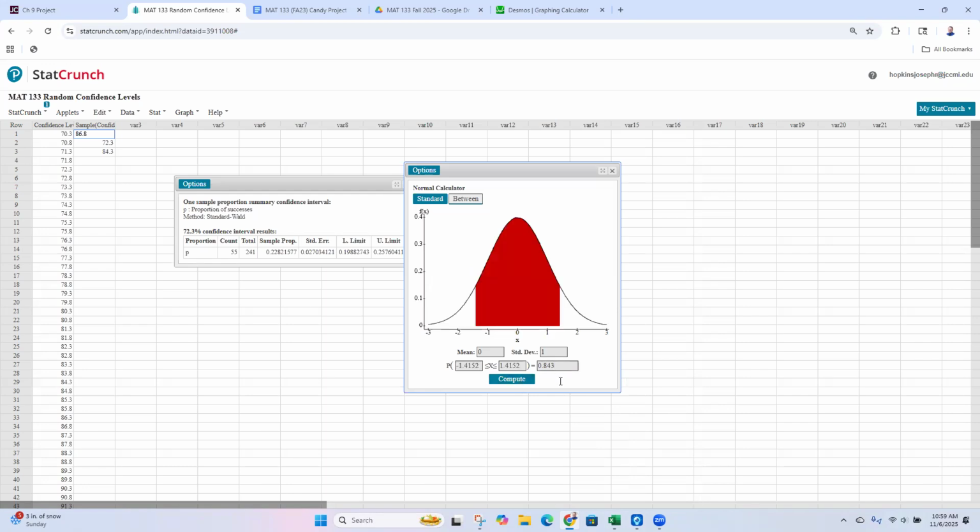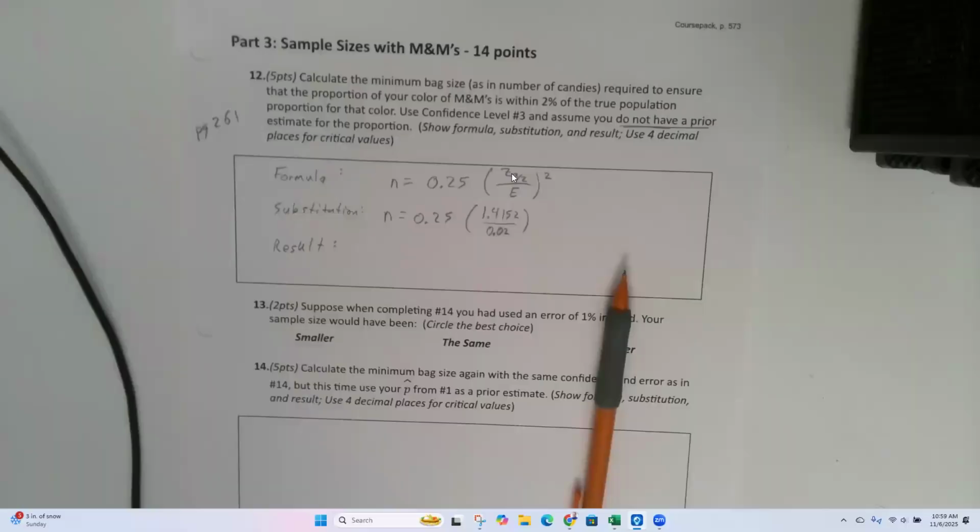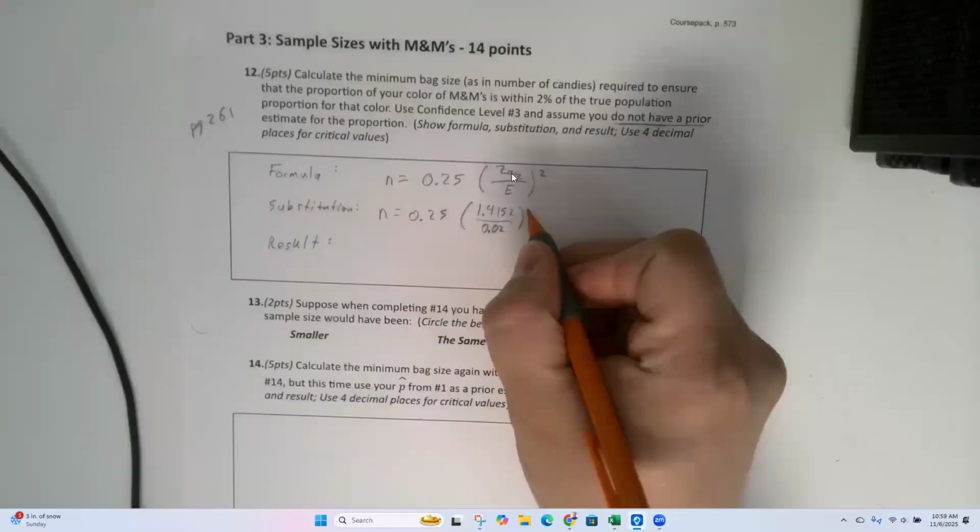My Z value is 1.4152. All right, great. And square. Don't forget the square.